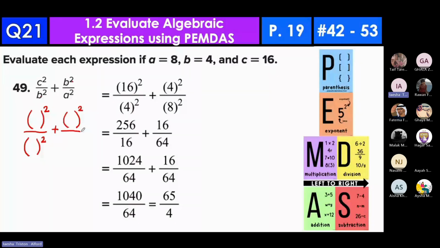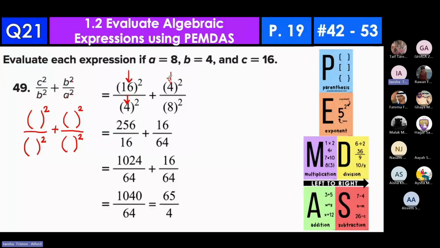The fraction bar, A, parentheses, and the 2, you keep it up. Then you put the numbers inside. Type it in the calculator. You will get this answer. Or try to show as much work as you can show.